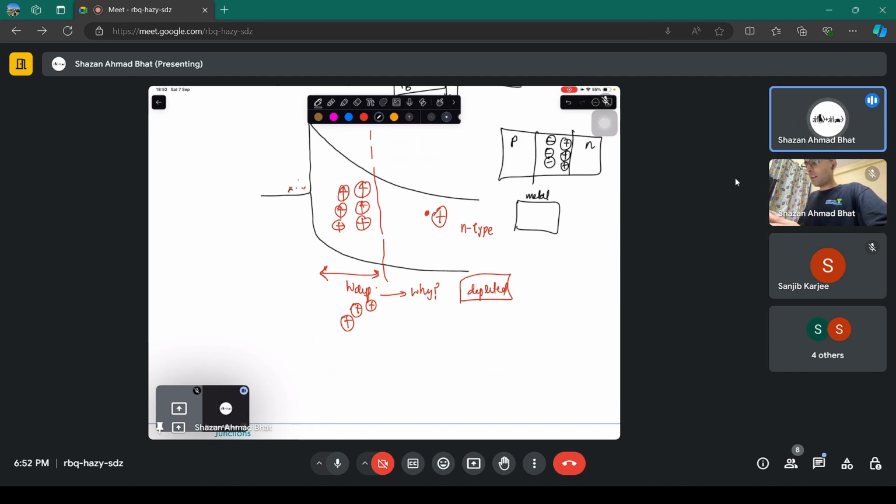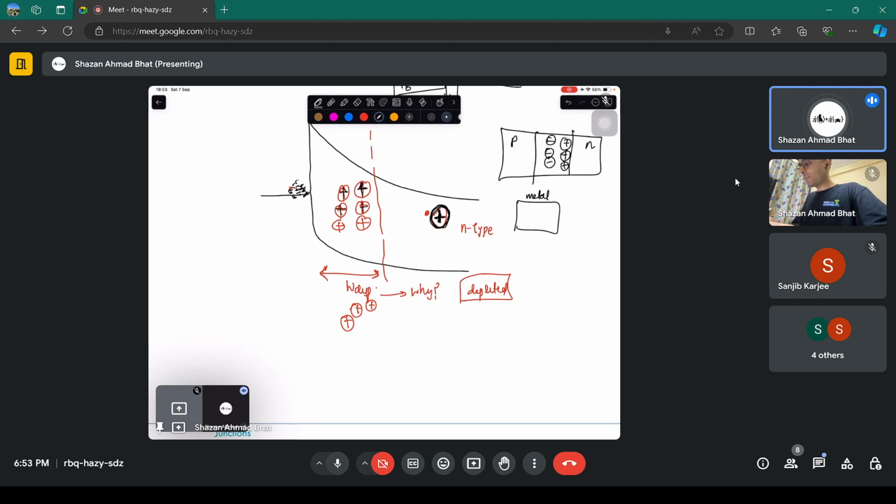But in a semiconductor, that's not the case. You need to take out those electrons, deplete the region of electrons, and leave behind the positive ions. That's why those positive ions stay here and make the depletion region.